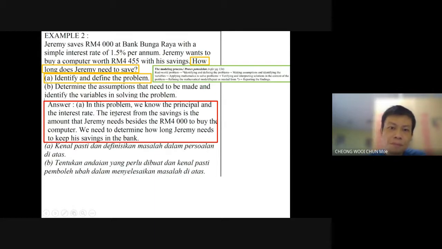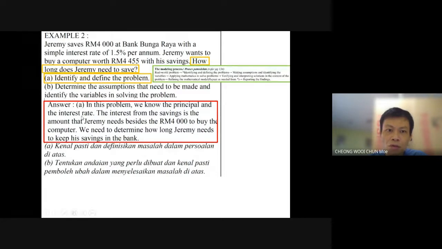Okay. The interest from the saving is the amount that Jeremy needs besides the 4,000 ringgit to buy the computer. We need to determine how long Jeremy needs to keep his savings in the bank. So to identify, that means you know the principal, you know the saving interest rate.